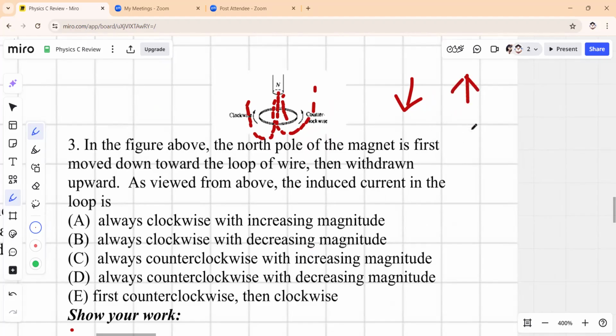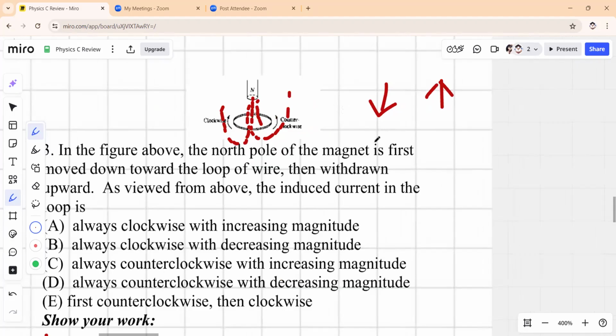Because of Lenz's law, it'll initially fight against the change, so it'll try to create a magnetic field upwards, and that happens when the current is counterclockwise. So it starts counterclockwise, and then once it leaves, it wants more flux through it. It doesn't want the change in flux, so it'll create a clockwise current.